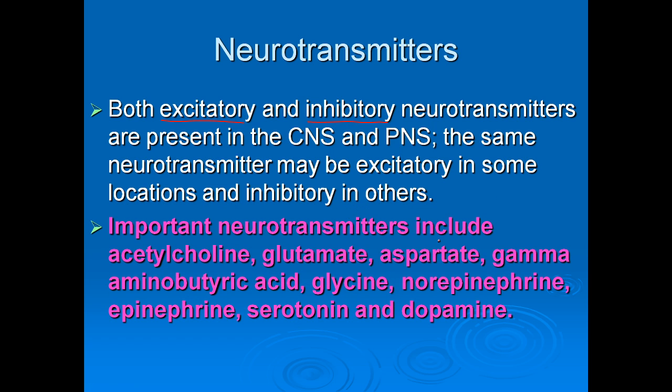Here is a list of some of the other important neurotransmitters. I mentioned acetylcholine. Here's another one: glutamate, aspartate, gamma-aminobutyric acid, glycine, norepinephrine, epinephrine, serotonin, dopamine. Like I said, we have thousands of different neurotransmitters.